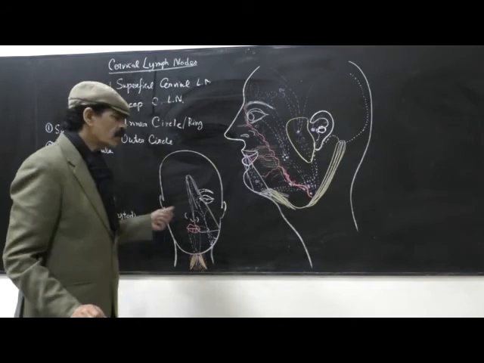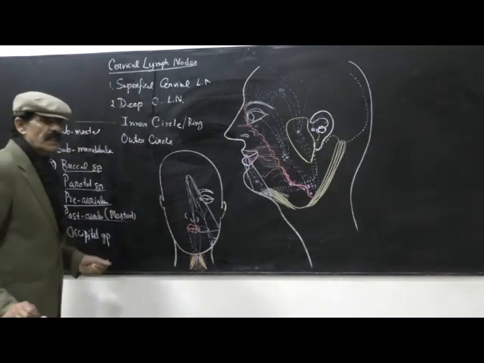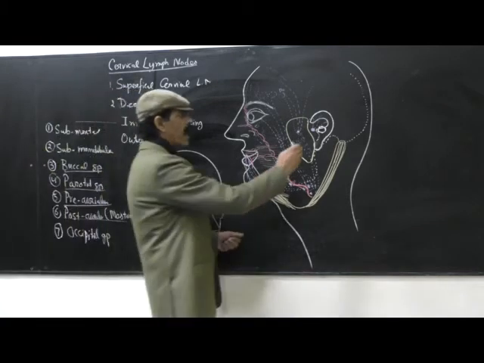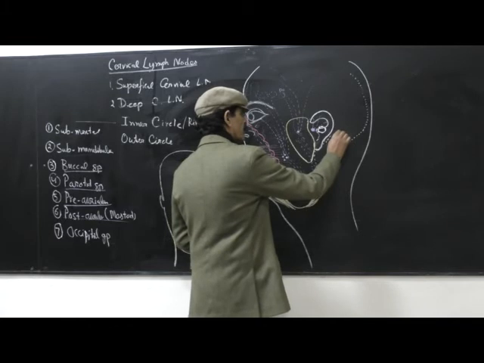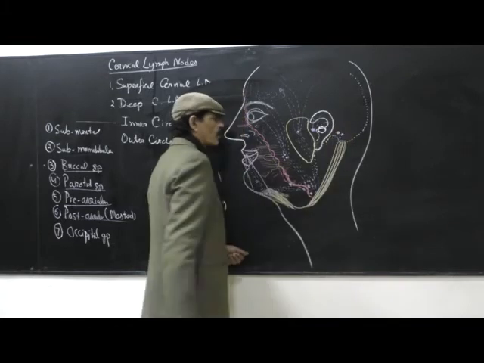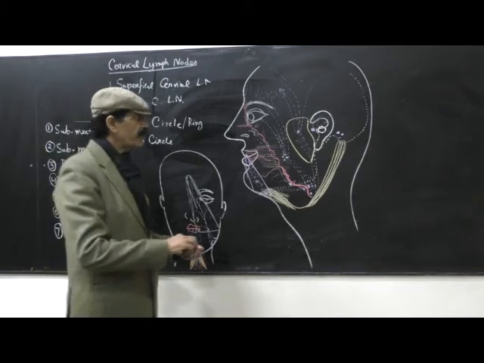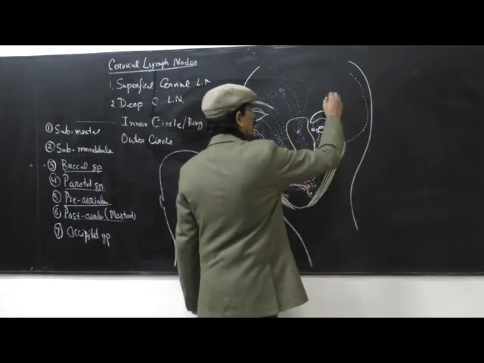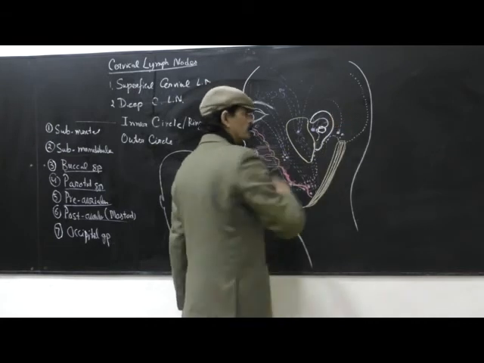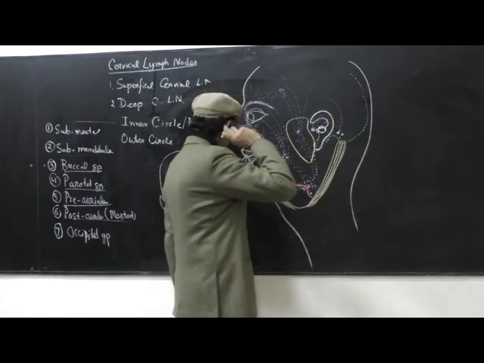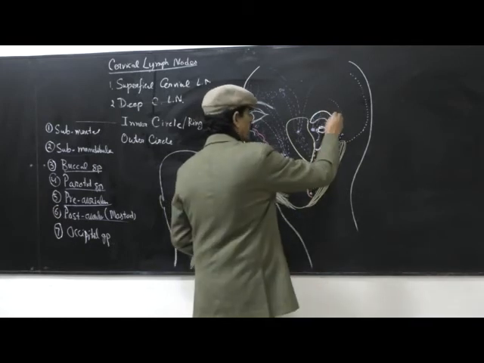Then the post-auricular group. The post-auricular group is also called the mastoid group. So behind the auricle, this is the mastoid process, and a few lymph nodes are present here. This mastoid group of lymph nodes receives afferents from the scalp of the surrounding area and the cranial surface of the skin of the external ear.